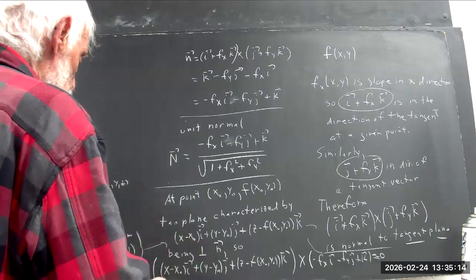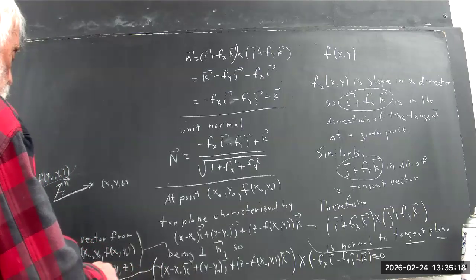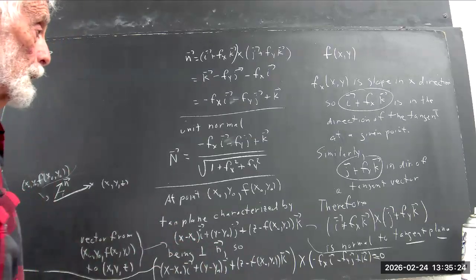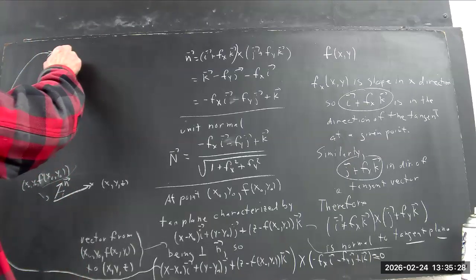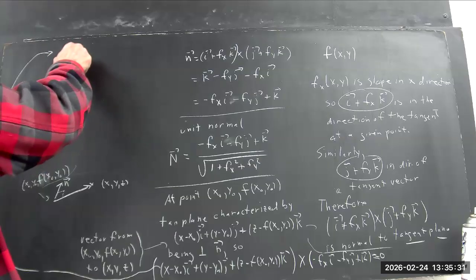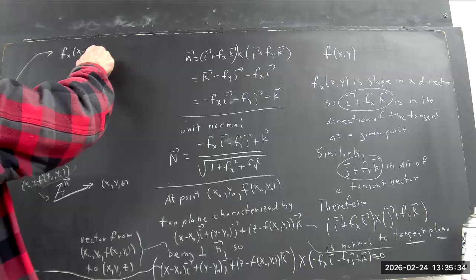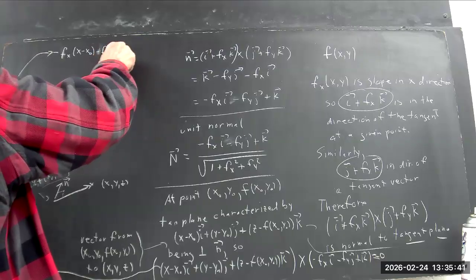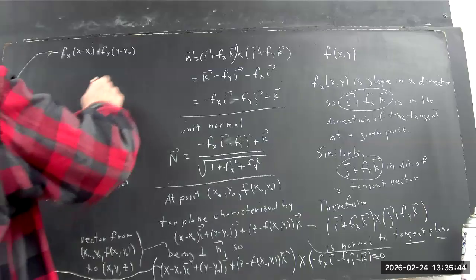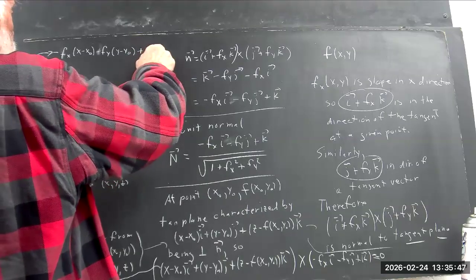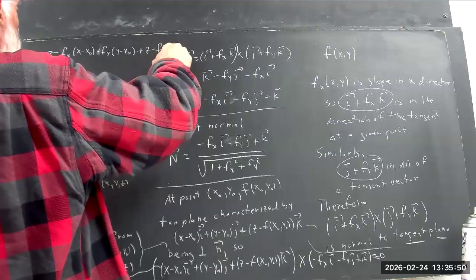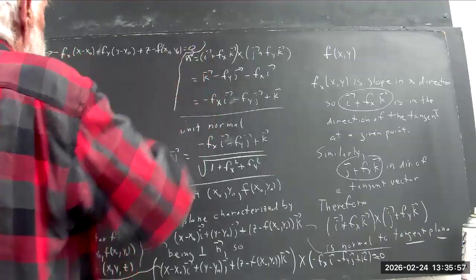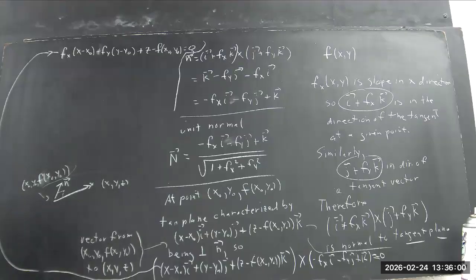So I'm going to come up here and say that this whole cross product here is just fx times x minus x naught minus fy times y minus y naught plus z minus f of x naught y naught equals 0. That's the equation of your tangent plane.